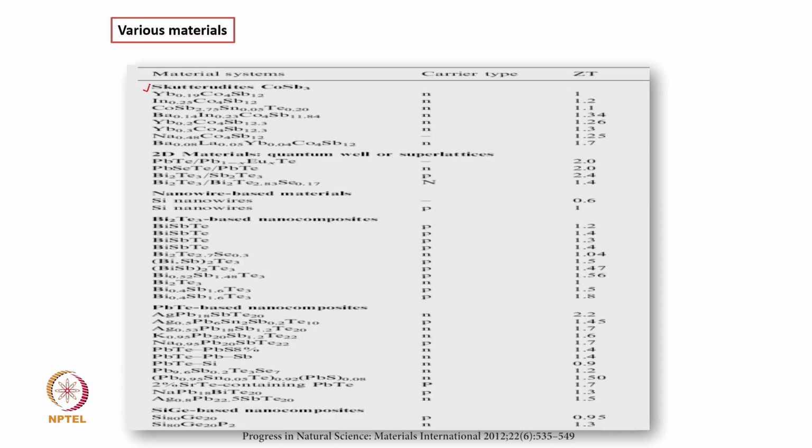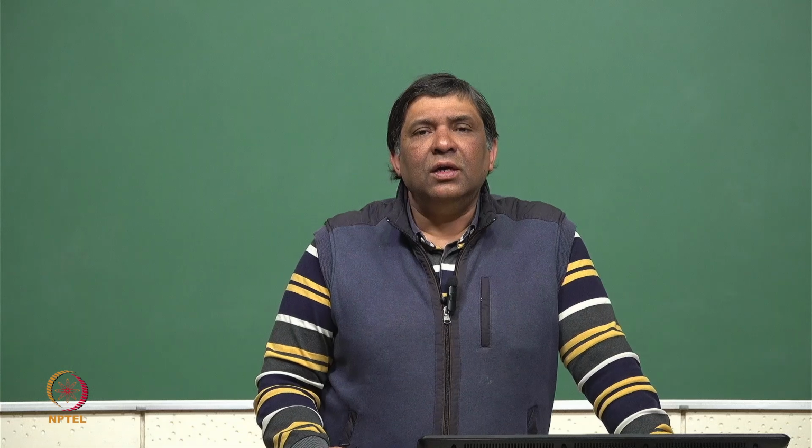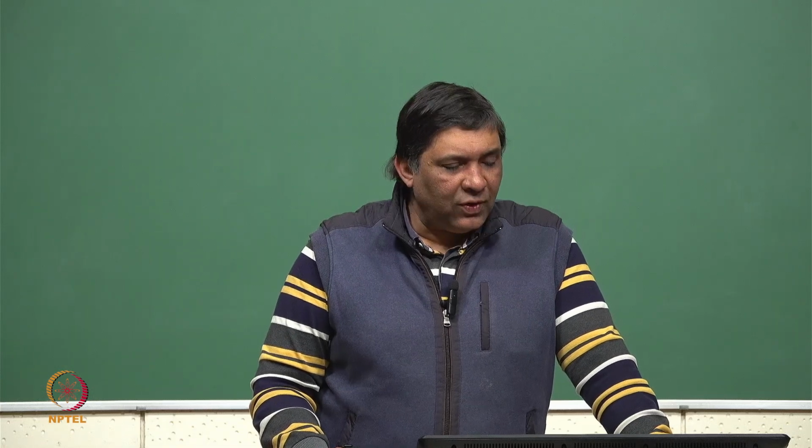I already discussed with you about the skutterudite material. If we look at the series of skutterudites, all the carrier types are n, and one can have a variation of ZT value. The maximum ZT value which one can see in the skutterudite is around 1.7.